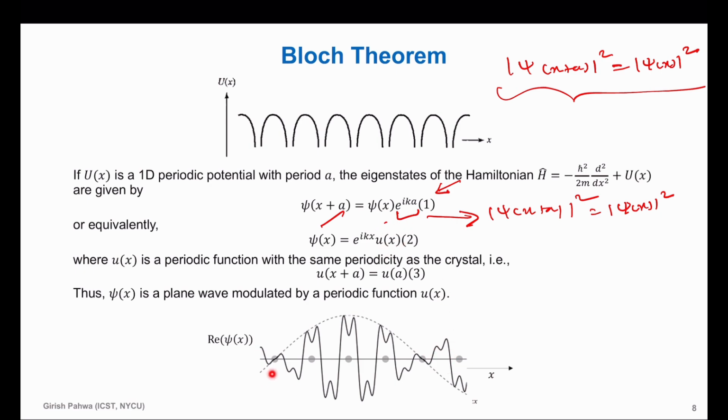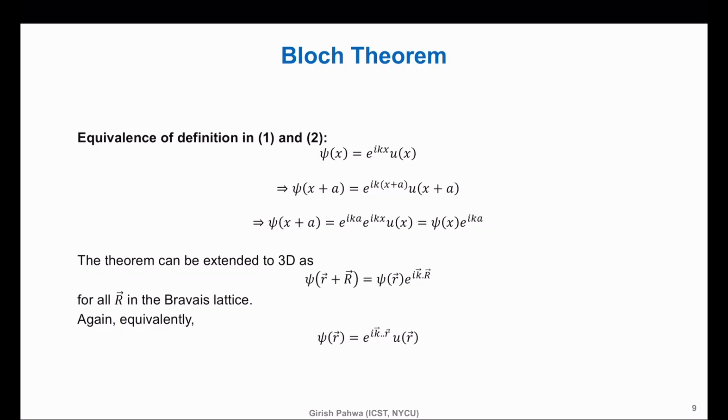Okay, so the total wave function is this, and it has been achieved by modulating this plane wave by u x. Now let's see how these definitions are equivalent, and then we will take some break.